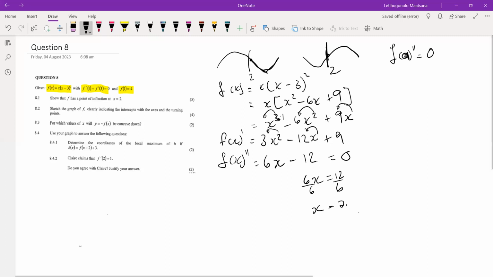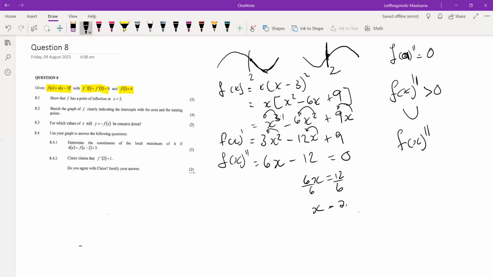So how do we prove that? If our second derivative is greater than 0, then we know we have a concave up. And if our second derivative is less than 0, then we know we have a concave down.